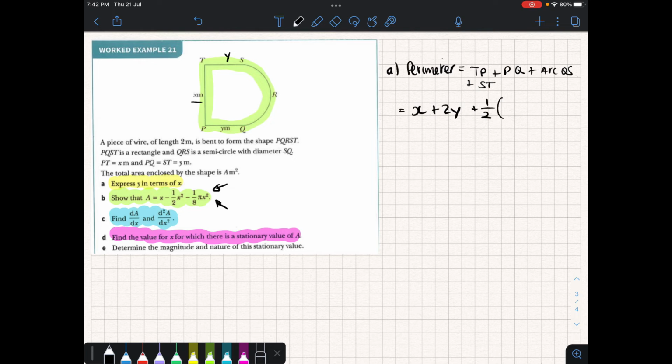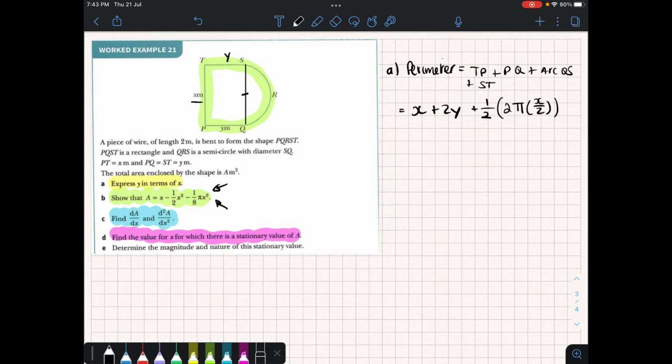Well, it's 2 pi times the radius. And the radius in this example is, well, this length here is x, so half of this length must be x over 2. And that would give me the total perimeter.